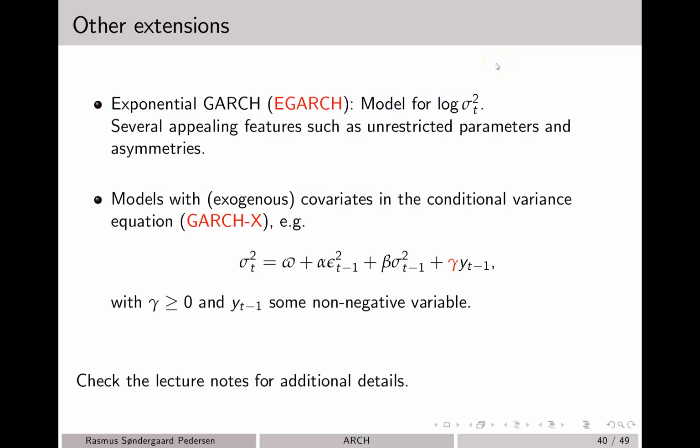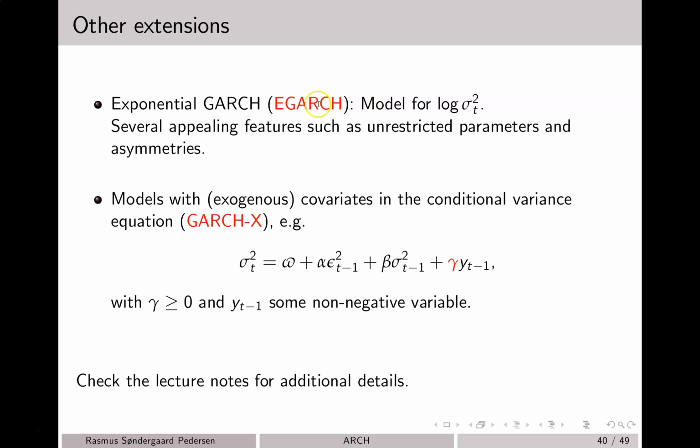We could also consider a model, the so-called GARCH-X, where there's an additional variable entering the conditional variance equation. So for instance, instead of having the conditional variance only driven by past shocks and past values of the conditional variance, there could be some, say, exogenous variable driving the conditional volatility.